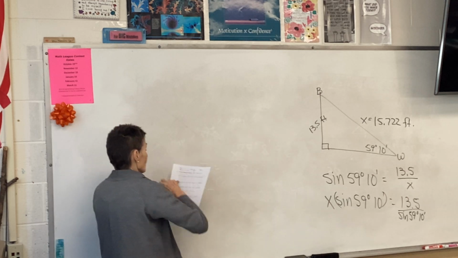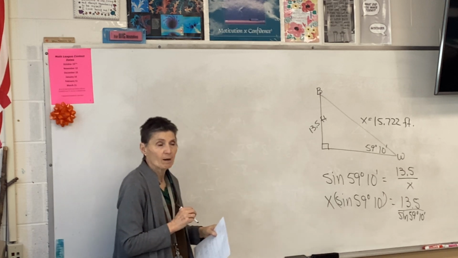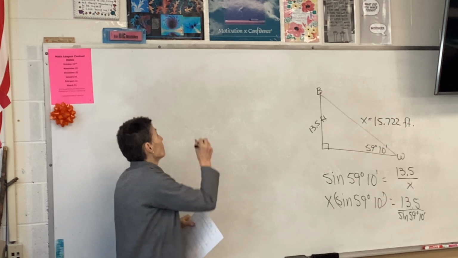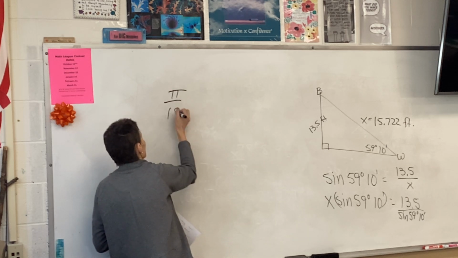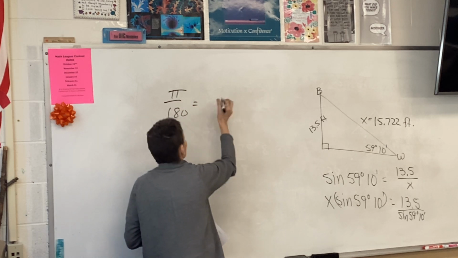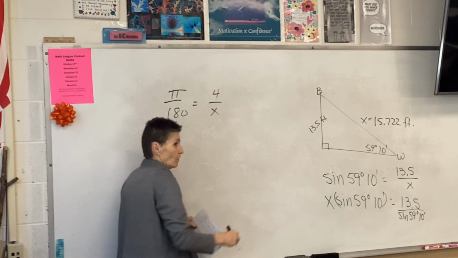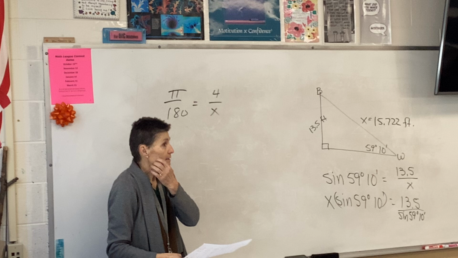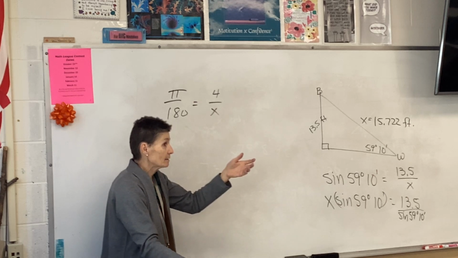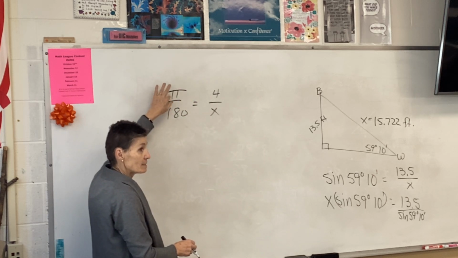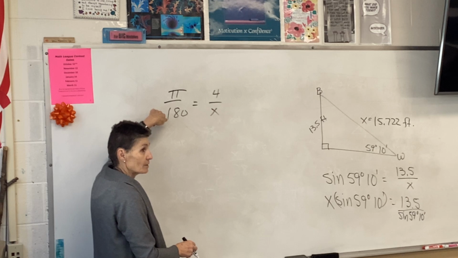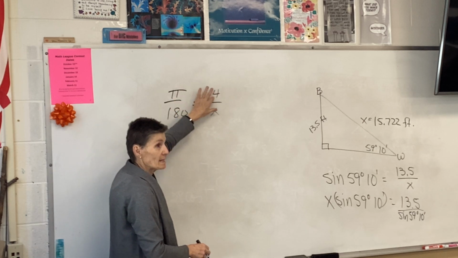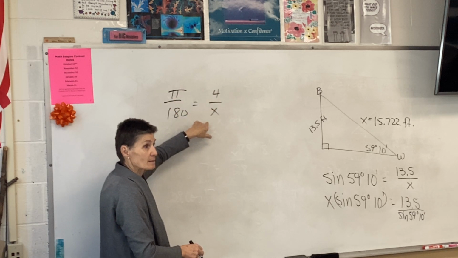So, number 2. 4 radians are how many degrees? Pi over 180 equals 4 over x. Beautiful. And how did we know it was going to be 4 over x? Because it's 4 radians. Pi radians, 180 degrees. 4 radians, how many degrees?